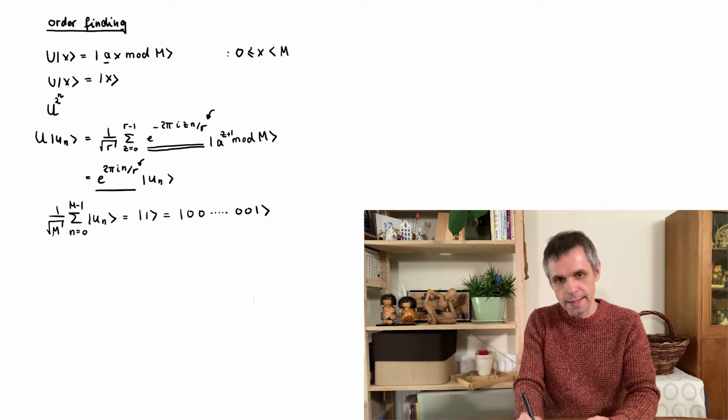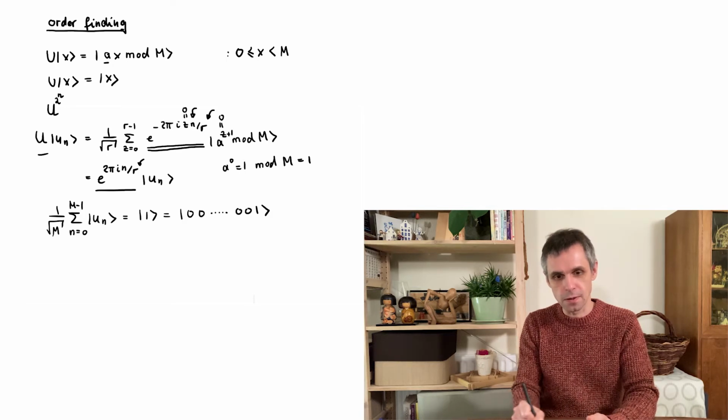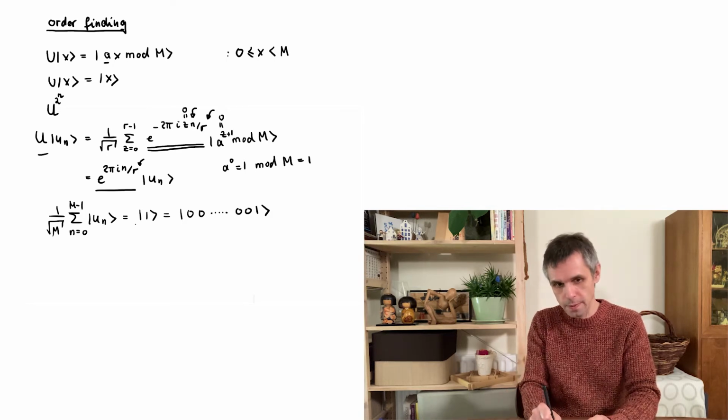When we sum over n, then we obtain something finite only when z is equal to 0. But before we applied U, we had just a^z at this place, and when we set this one equal to 0, then we get a to the 0, which is just 1, but modulo m, this is still also 1. And therefore this gives us constructive interference for this computational basis state, and we obtain this state here.